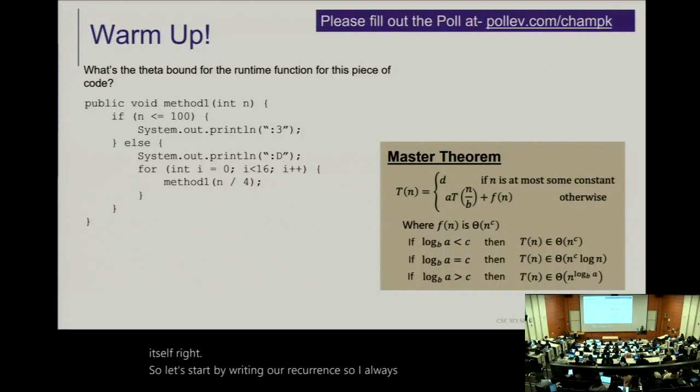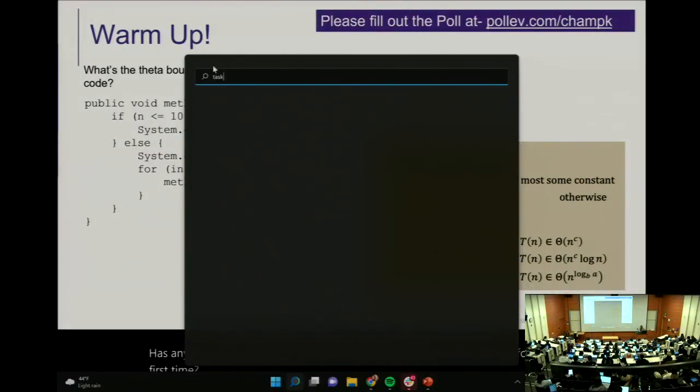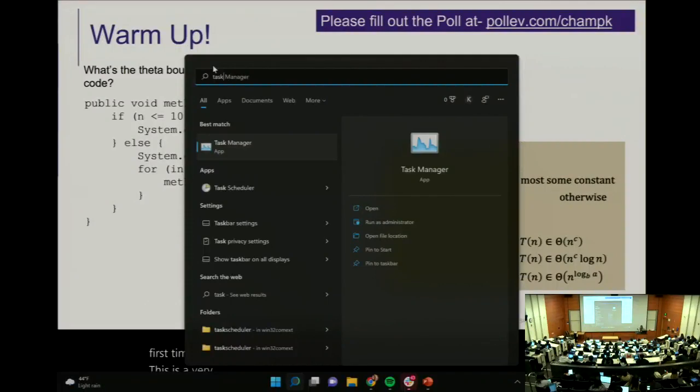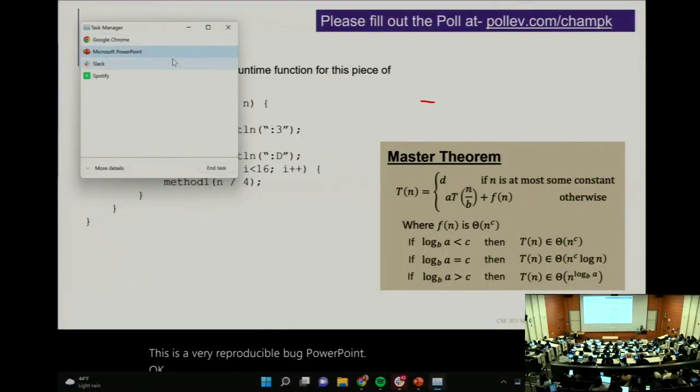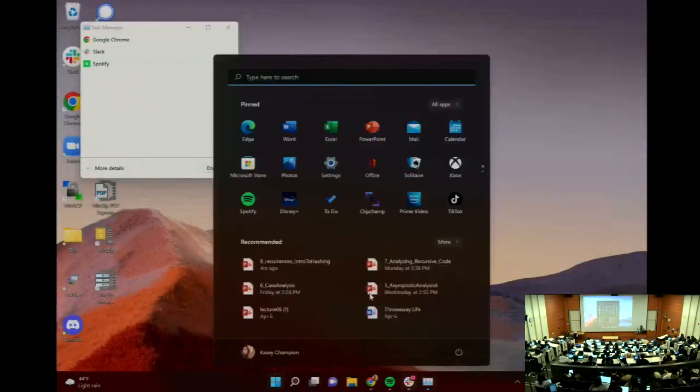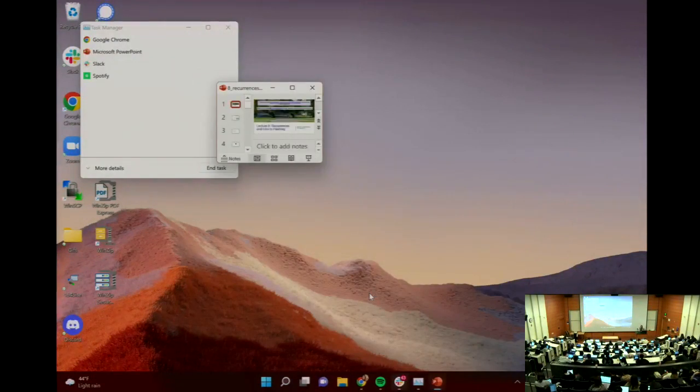Please let me write. Just kidding. Has anybody else noticed this bug every single time I go to use my pen for the first time? This is a very reproducible bug. PowerPoint. Okay. And it's okay, because as I lament PowerPoint, literally today I was trying to find equations in Google Slides.